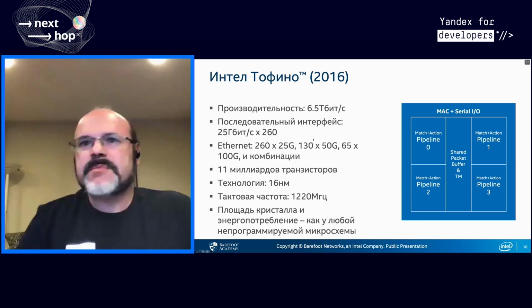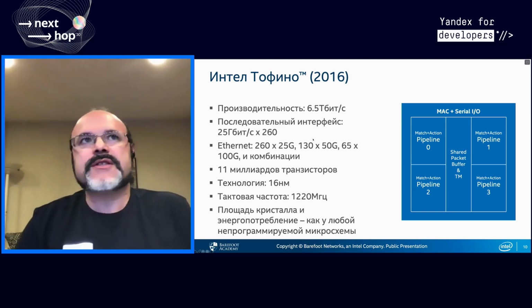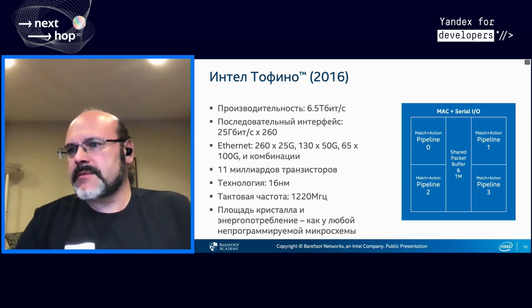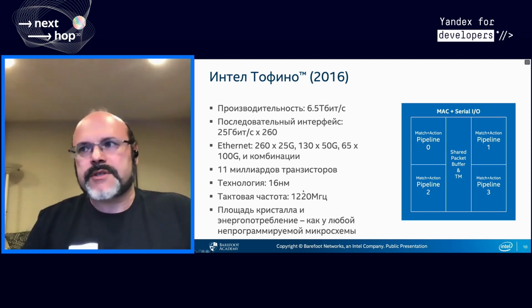So that's about it. As for the real microchips, we built the Intel Tofino microchip in 2016. It has 260 ports, 25 gigabits each of them, and they can be put together in different combinations.